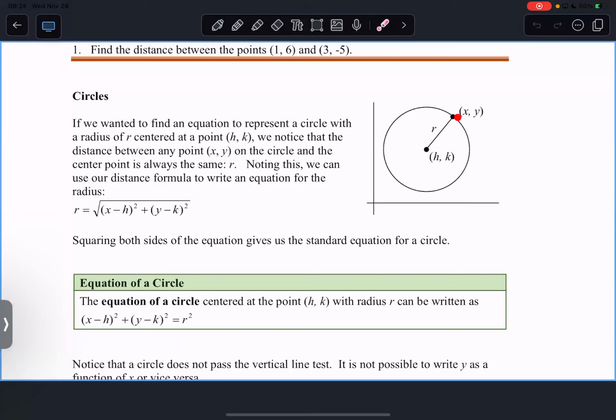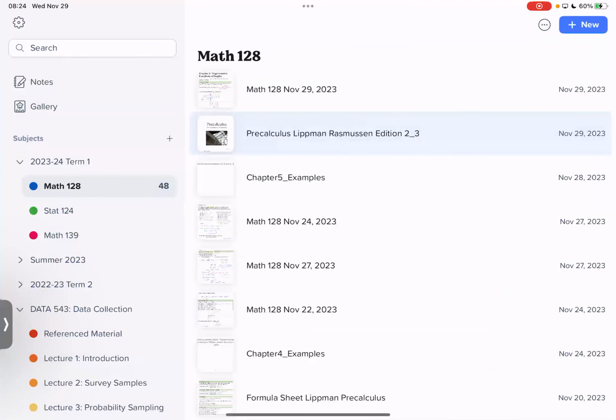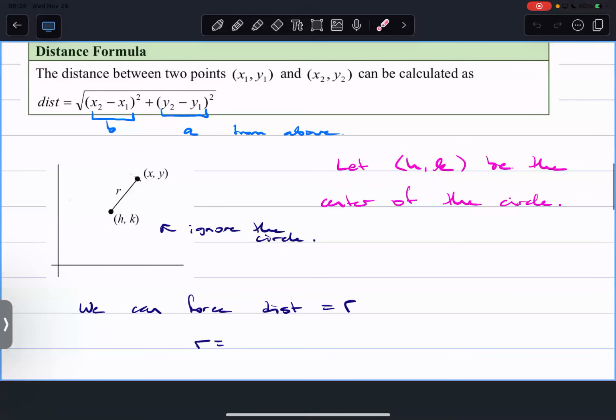I want to go this way, but they go the other way. No, we're good. I'm going to let this be point 1 and this be point 2.